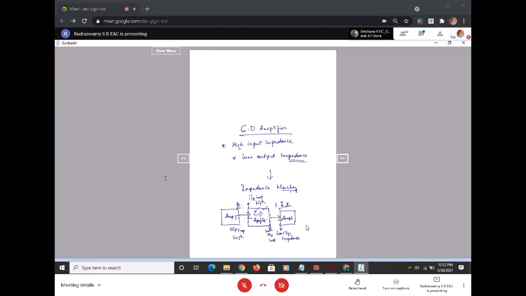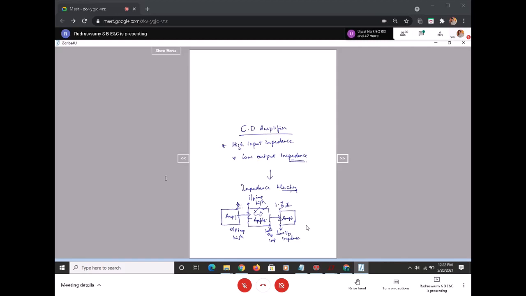So your common drain amplifier is used for impedance matching between any two circuits. An example: if one circuit has high output impedance and wants to connect to another circuit which has low input impedance, then there is a mismatch and a loss of signal.